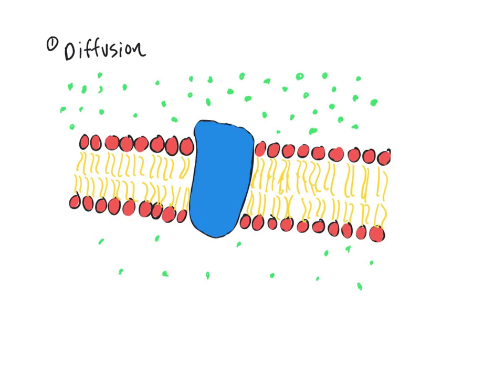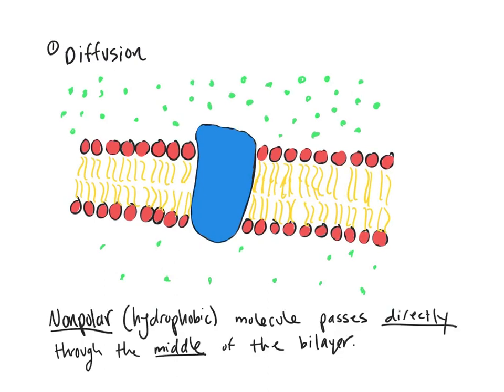And diffusion is going to refer to molecules that are nonpolar and can pass right through the middle of our bilayer. So in this case, our little green substance is going to be traveling from outside the cell to in, from high to low, right through the middle of the bilayer.